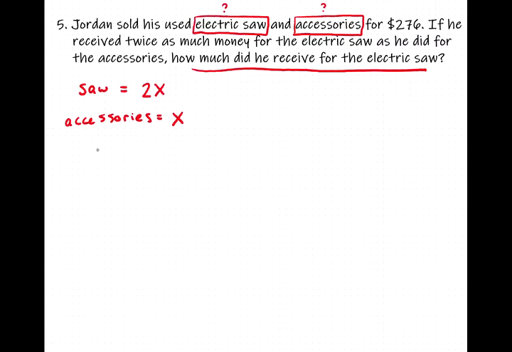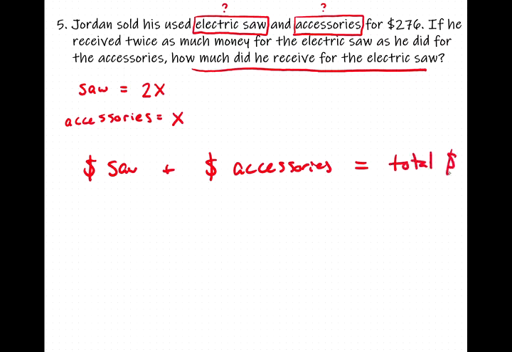And so the money received for the saw plus the money received for the accessories should be the total money received. So money from the saw plus money from the accessories equals the total amount of money received.